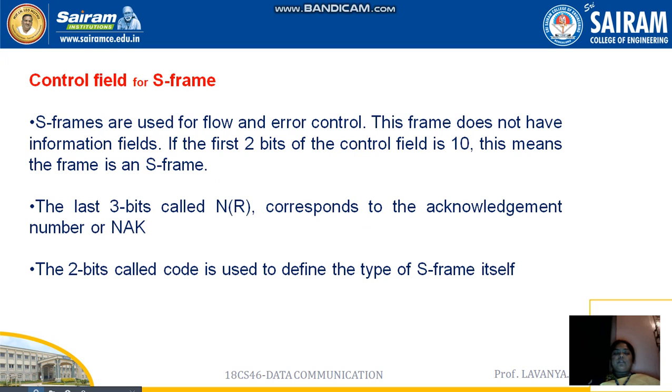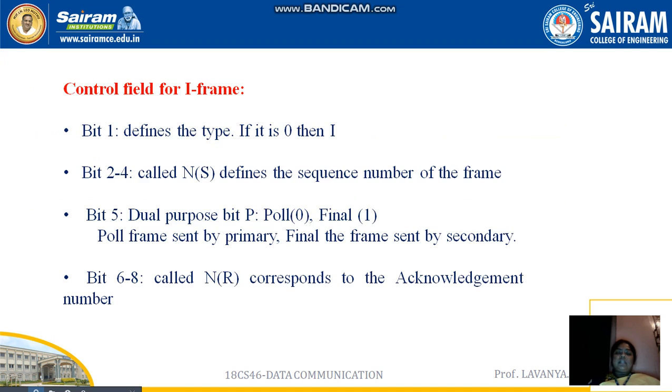Then what is the control field in the S frame? The control field for the S frame is used for flow and error control. These frames do not have any information field. If the first two bits of the control field are 10, this means the frame is an S frame.